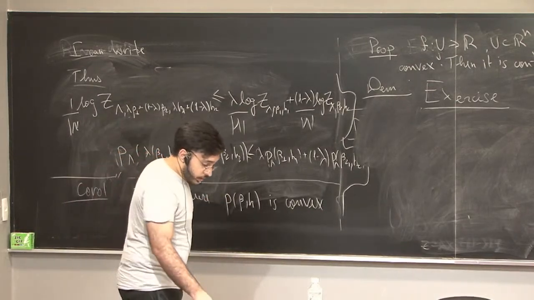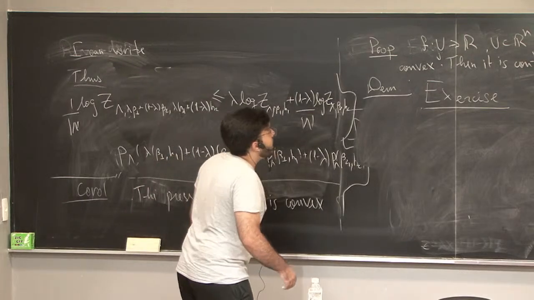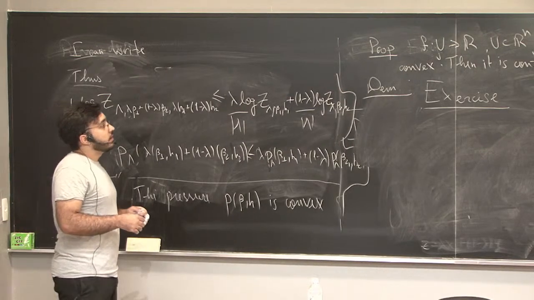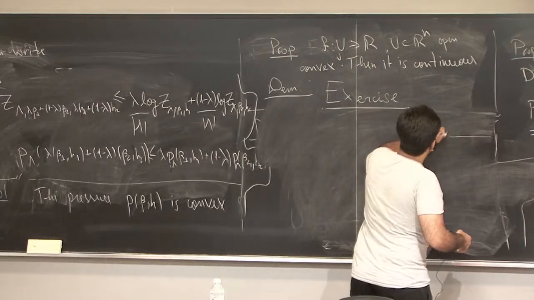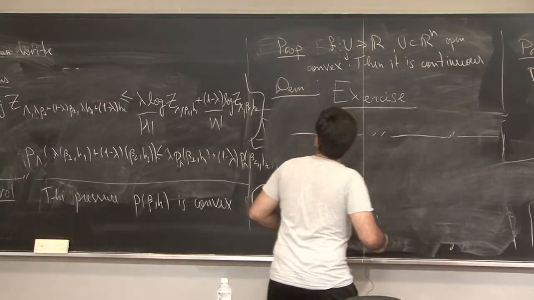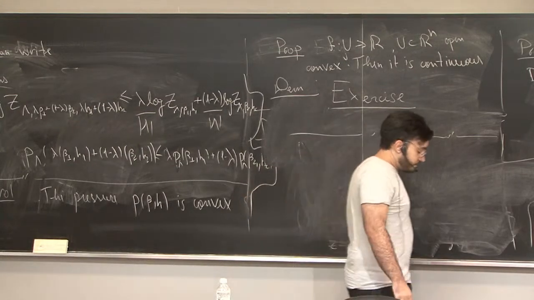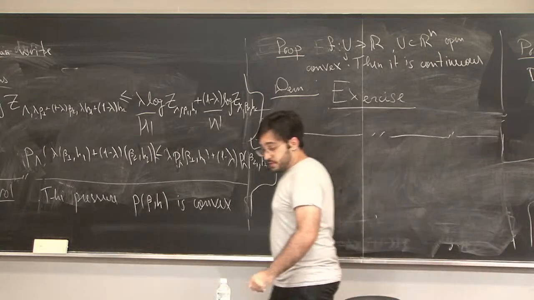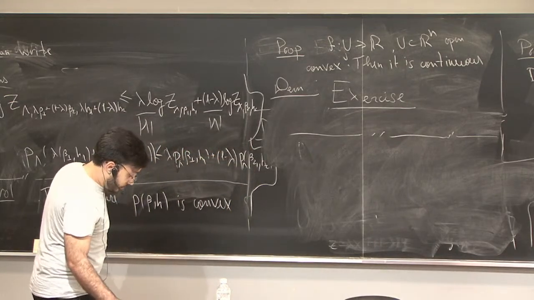But it turns out that if you have a convex function, these functions are not only continuous, but they satisfy another very important property: every right and left partial derivative will exist. So we will show this.